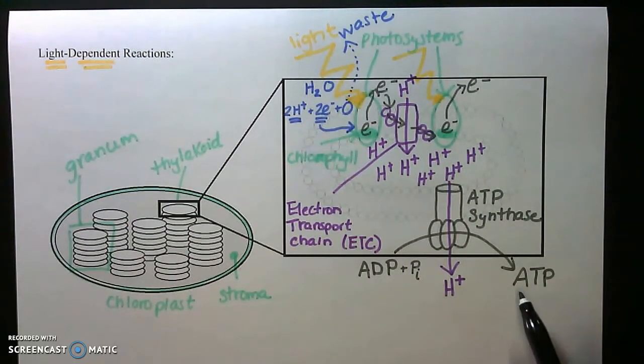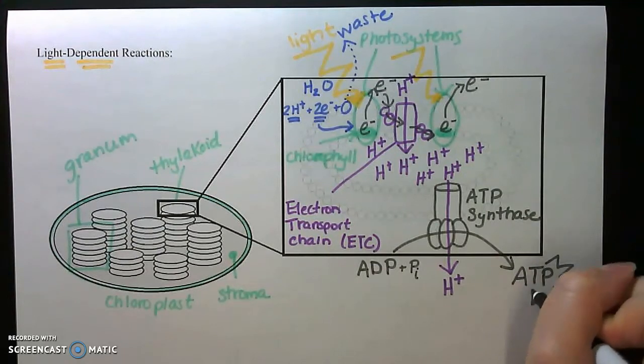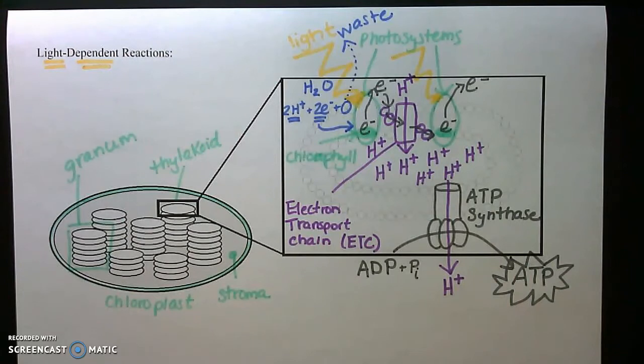So now we have the production of ATP. Remember, this is an energy storing molecule. So you typically see it with that starburst around it, meaning that it is storing potential energy.